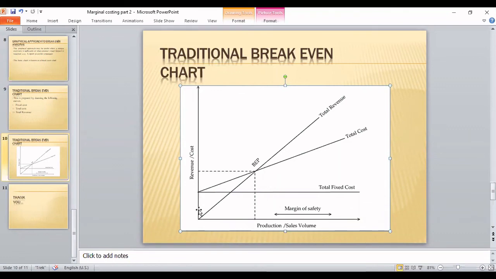And whatever additional units, once you start production, whatever raw material we need, whatever labor charge is needed, that is your variable cost. So the more units you make, the more will be the variable cost. See, this is how it works. It keeps on increasing.